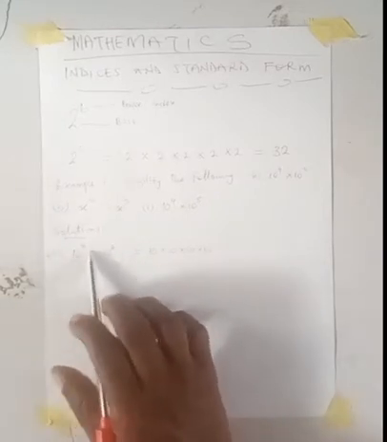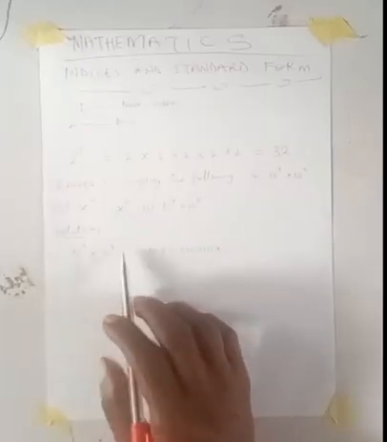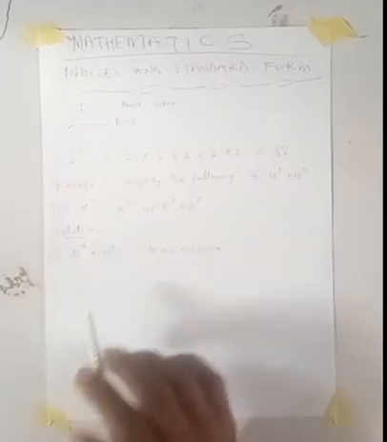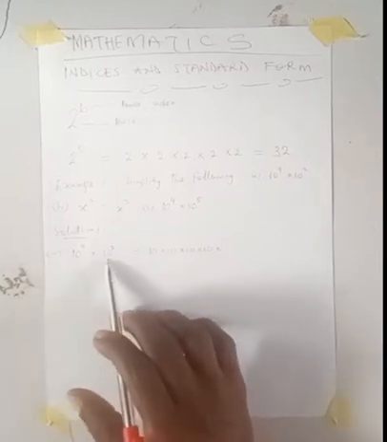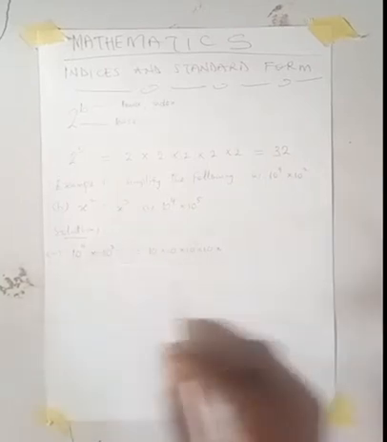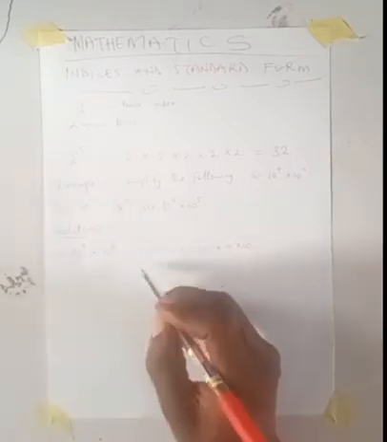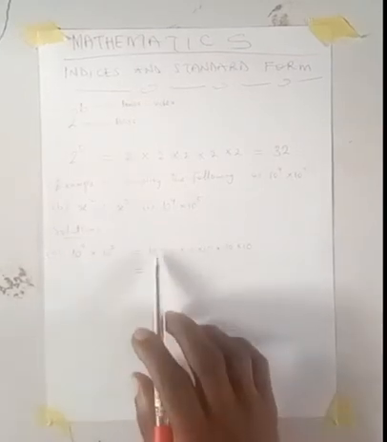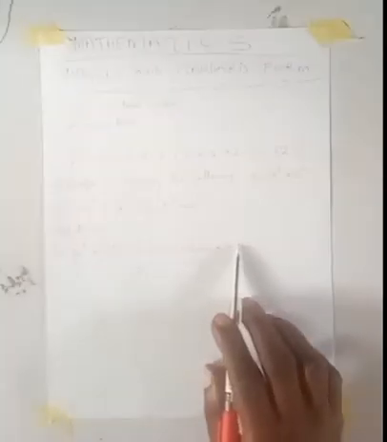Then I multiply my result by repeating what I have here 2 times, that is times 10 times 10. Now let us check what the result is going to be. Everything we have here is 10. So how many 10s do we have now? We now have 1, 2, 3, 4, 5, 6.